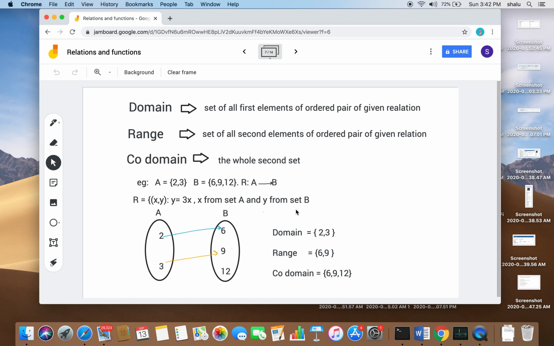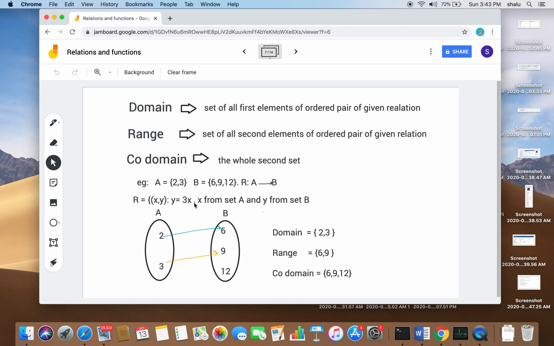According to the definition, domain is the set of all first elements of the ordered pairs of a given relation. So first we have to find the ordered pairs here. In the first set we have 2, 3, right? So 2 can be paired up with 6, because if we put x equals 2, we get y equals 6.